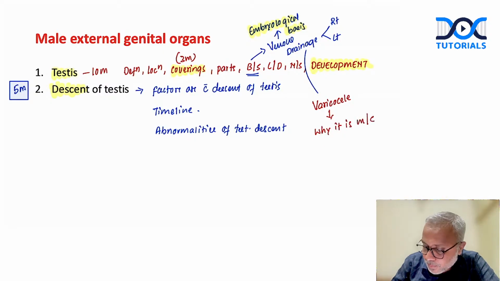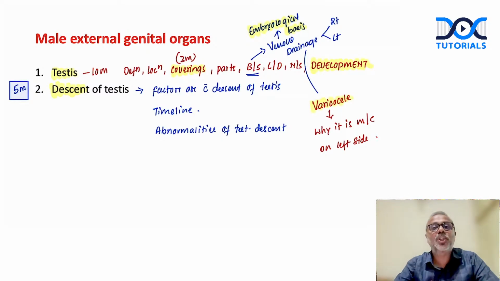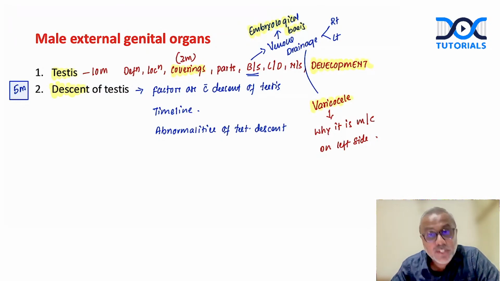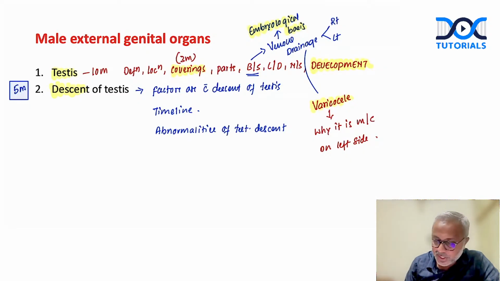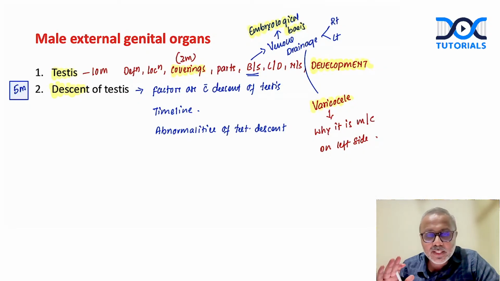Why is it more common on the left side, right? Now, again, this could be a reasoning question in the topic of the testis. What is varicocele? Why is it common on the left side? And if it is common on the left side, what is the anatomical basis behind it? Okay, so this could be a very important 3-marker reasoning type of question.